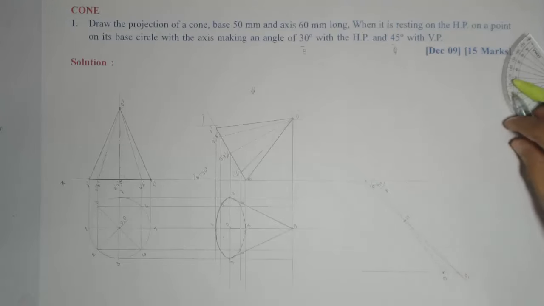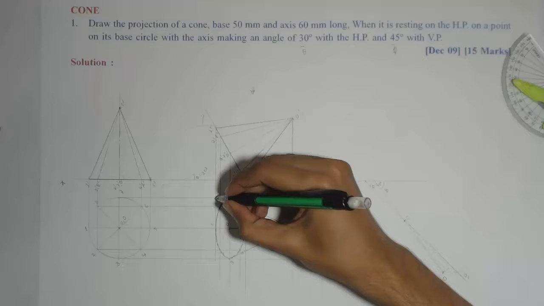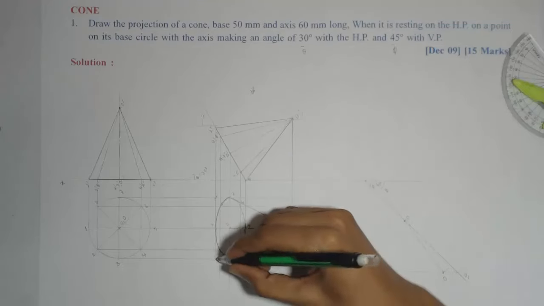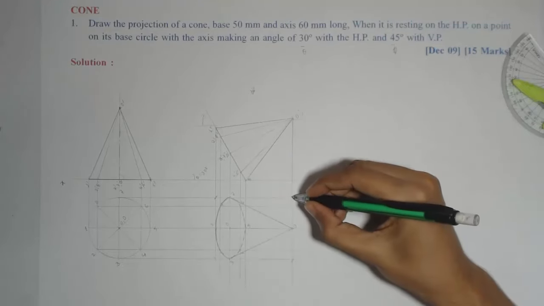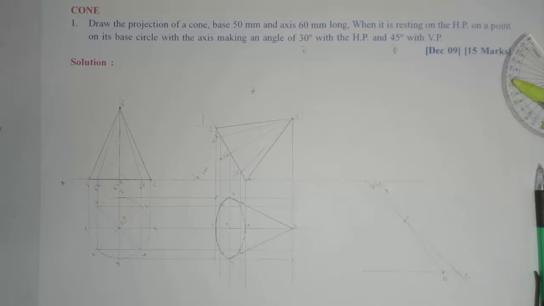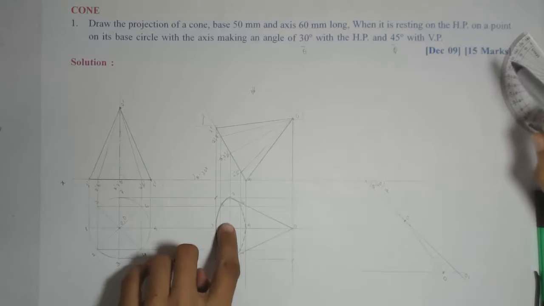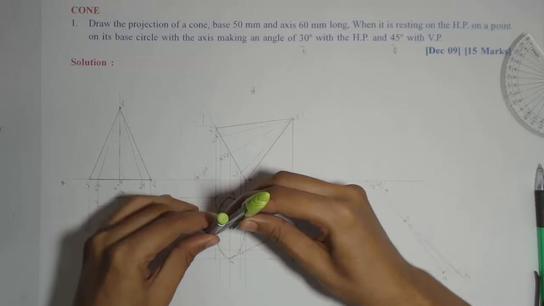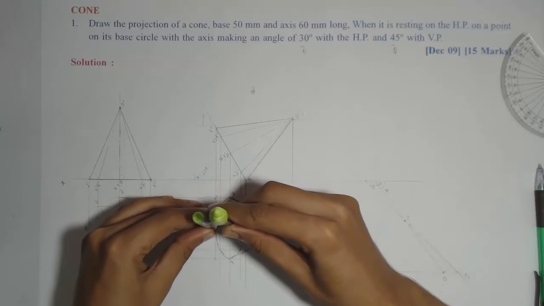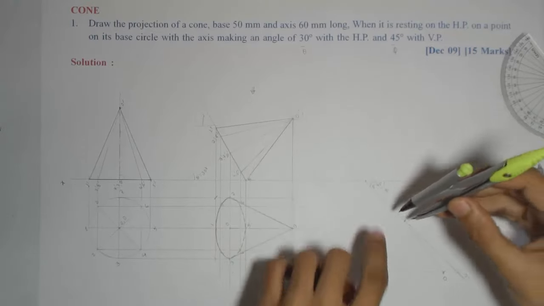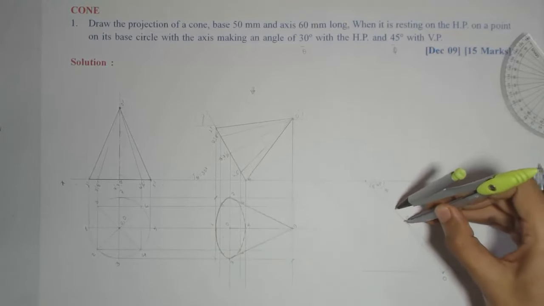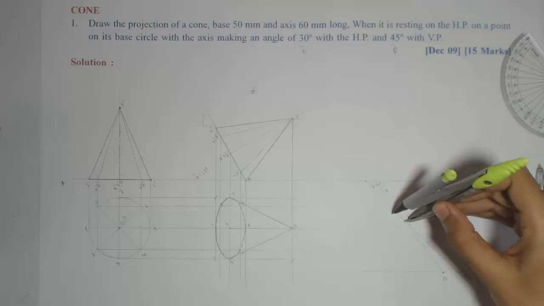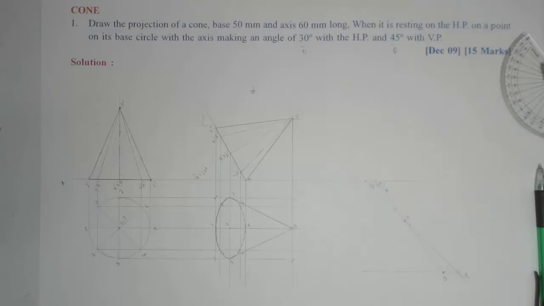Okay, so now we'll redraw with this axis. So for that, first I'll enclose the entire top view in a rectangle. Okay, now we have marked this point, so we need to further go this much distance on this side of O, and on the line of beta, don't mark on the line of true inclination.